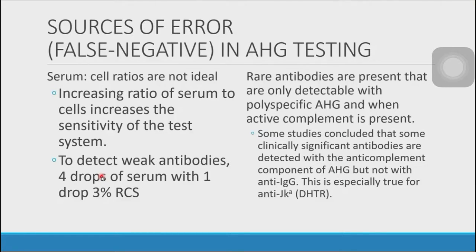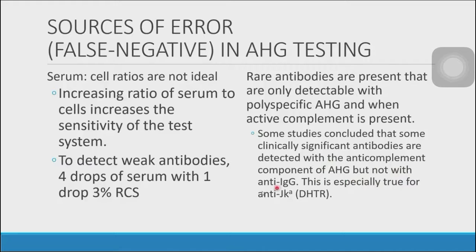Another reason for a negative or trace reaction with anti-IgG or AHG is that anti-IgG is monospecific. The antibodies present in the patient may only be detectable using polyspecific AHG, or there may be active complement only. So which antibodies are detected only with anti-complement or anti-C3d, and not with anti-IgG?